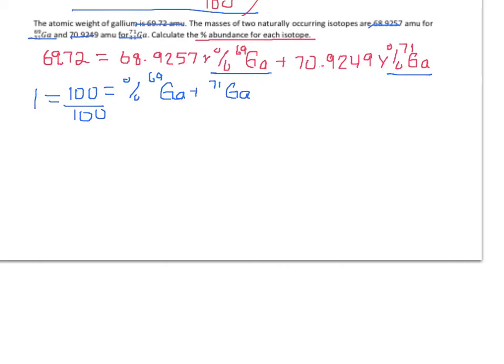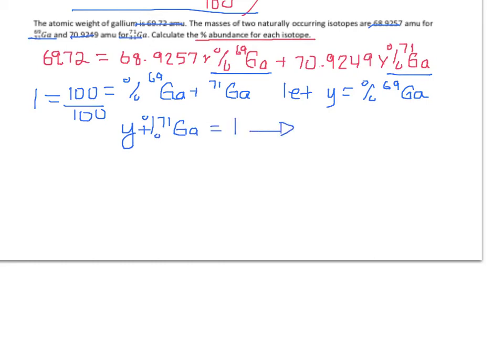So let y equal the percentage abundance of gallium 69. Putting it into this equation, y plus the percentage of gallium 71 will be equal to 1.